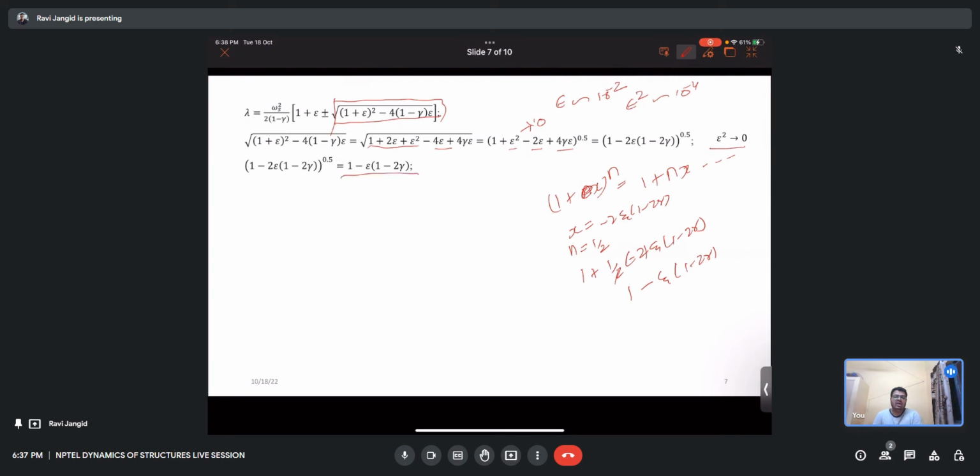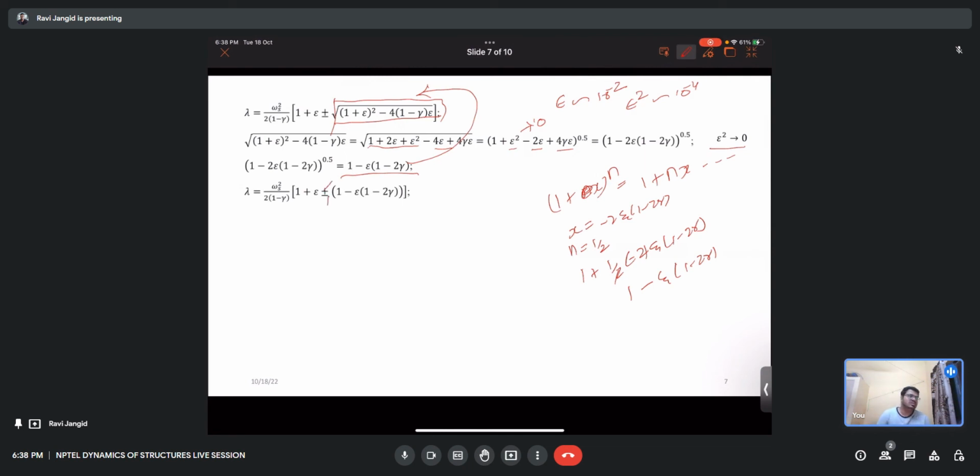Now I will replace this term here. After replacing that, the equation becomes λ = ωs²/2(1 − γ) × [(1 + ε) ± (1 − ε(1 − 2γ))]. Now I will take one by one: once I take the plus sign, once the negative sign.